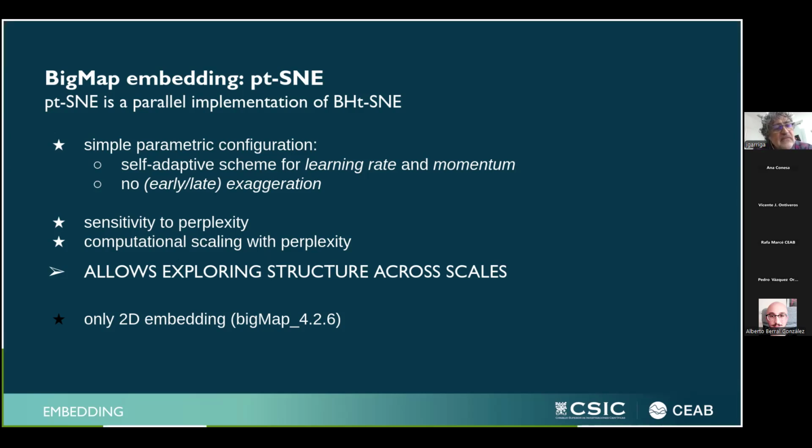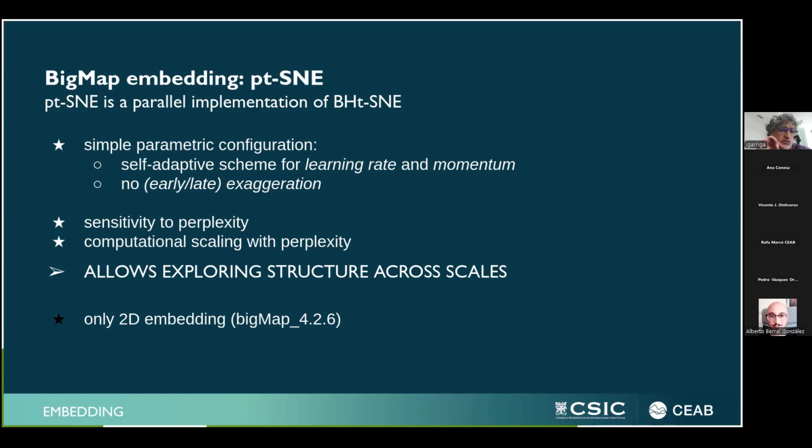Also, while UMAP and TSNE claim robustness to the neighborhood size parameter, which is somewhat counterintuitive, because what we would expect from an embedding or visualization algorithm is to be a kind of lens that can show us different resolutions or different scales of the structure, PTSNE is really sensitive to perplexity, so it can show us these different levels of structure in the data.